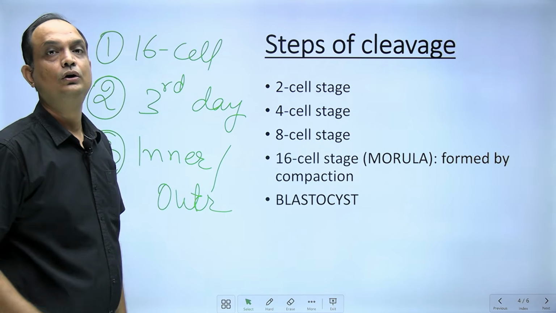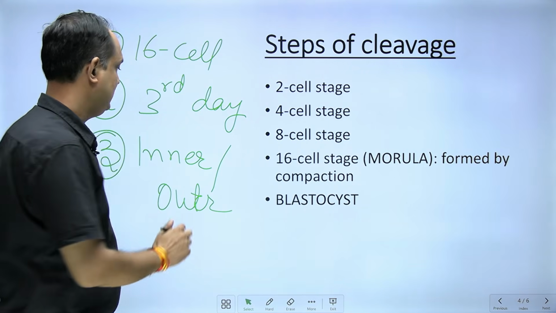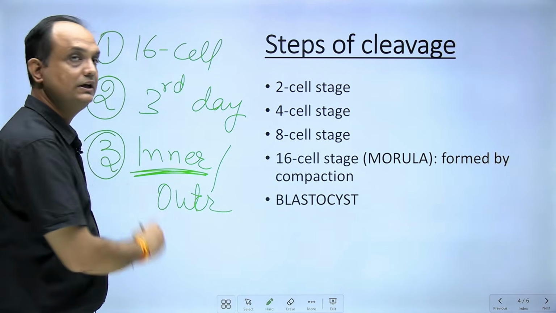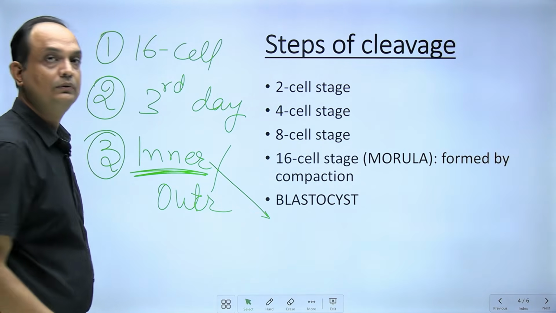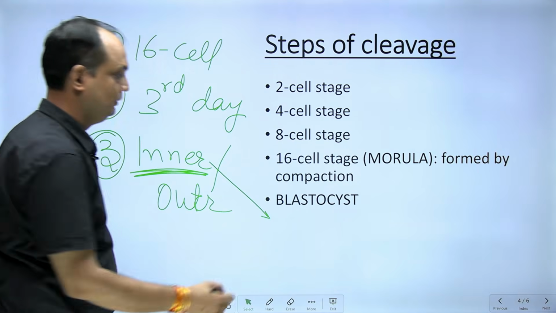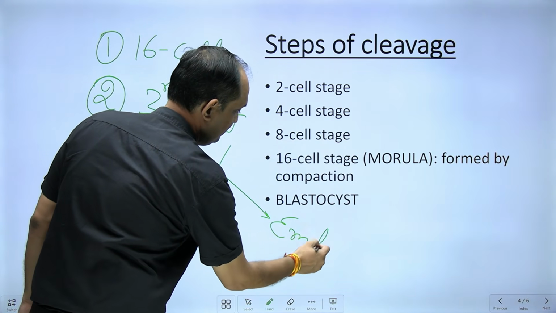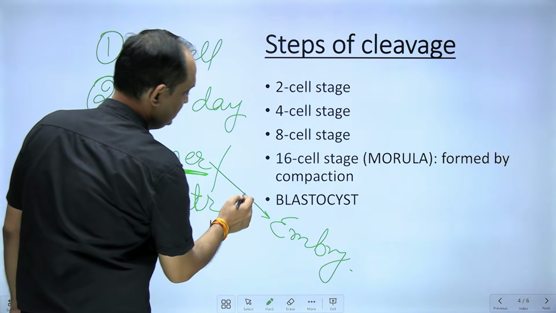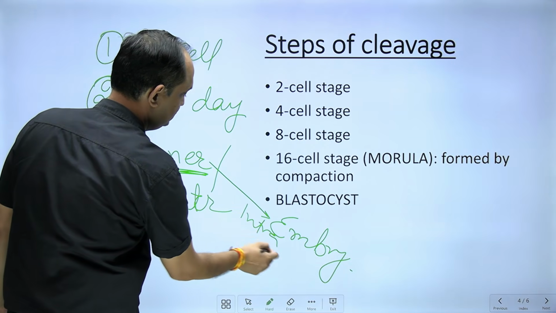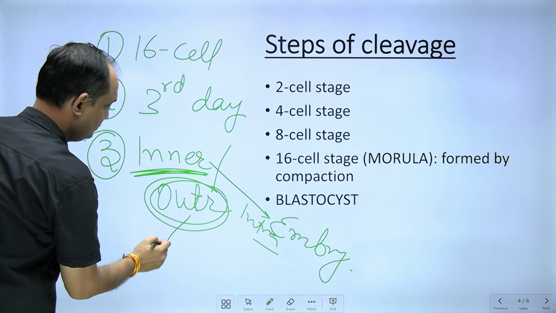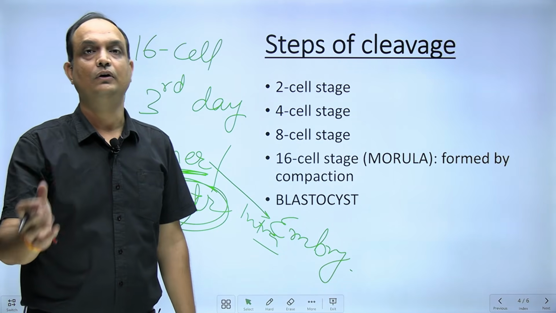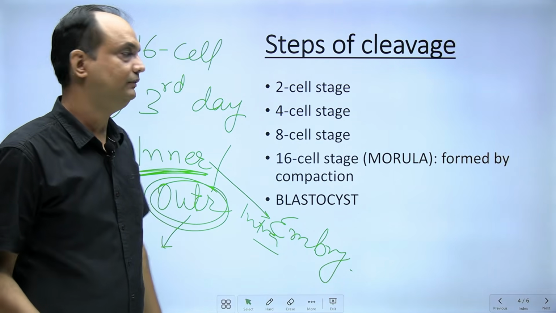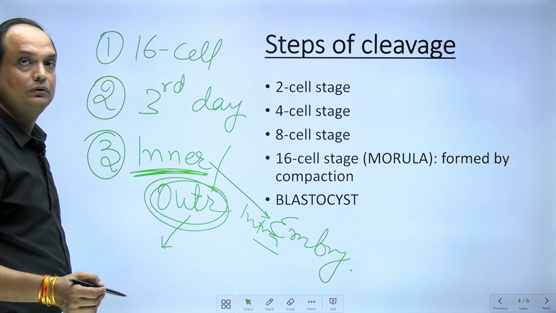They are not totipotent. The inner cell mass is known as pluripotent. The inner cell mass is going to form the future intra-embryonic tissue, and the outer cell mass is going to form your future trophoblast cells, which are going to form the placenta.